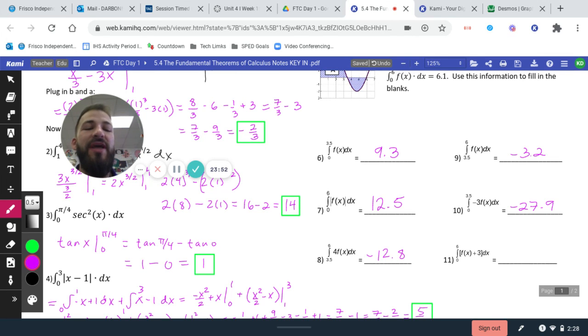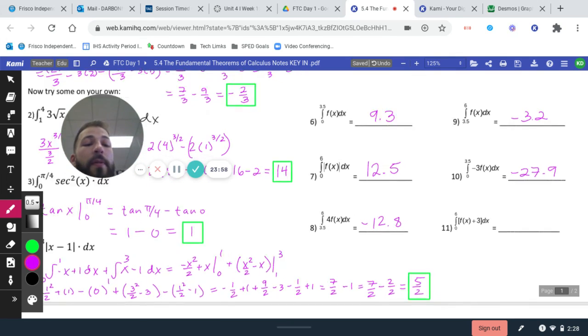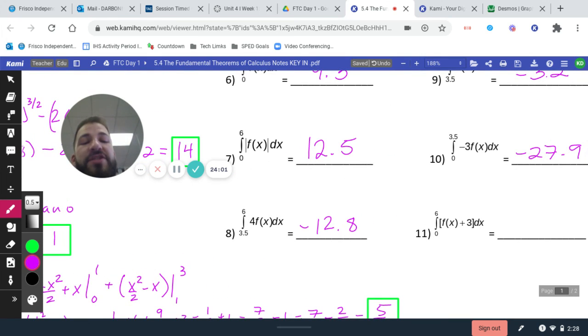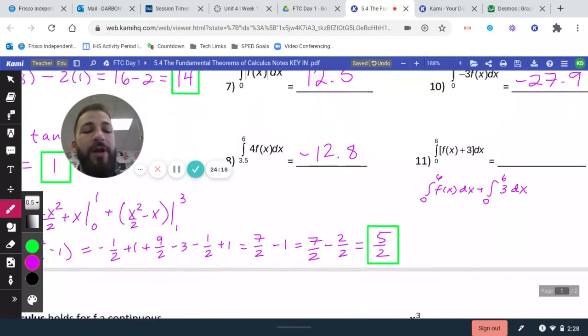Last but not least, number 11, I have the integral from 0 to 6 of f of x plus 3 dx. Okay, so this one, I have an addition sign, so I can split this up into the integral from 0 to 6 of f of x dx plus the integral from 0 to 6 of 3 dx. Okay, integral from 0 to 6 of f of x dx, we already found that. That's 6.1.